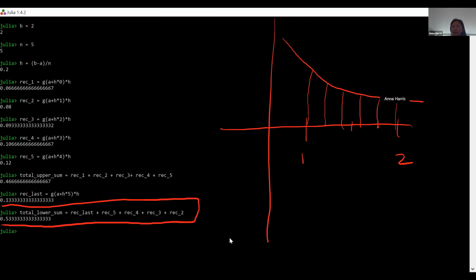Okay, there's 5 of them. The upper sum is this: 1, 2, 3, 4, 5.